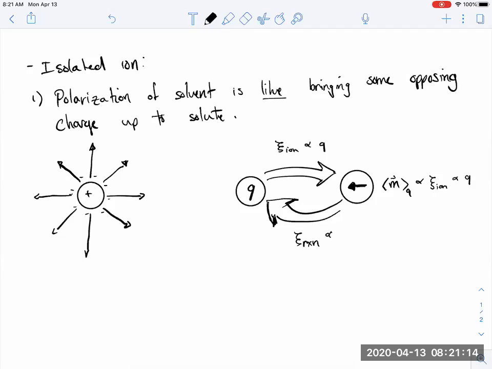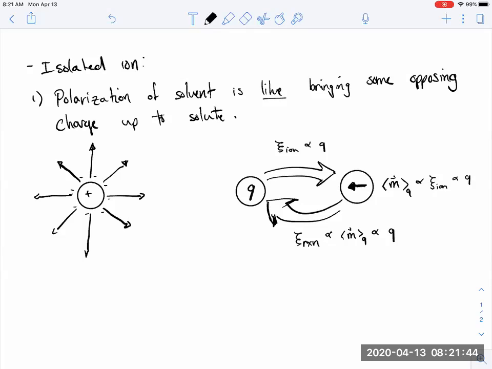It is proportional to the size of the dipole. And the size of the dipole, as we just reminded ourselves, is going to be proportional to the magnitude of the charge. So the effective strength, or the effective interaction that the charge feels due to its being solvated in solution, is going to go like that charge squared.